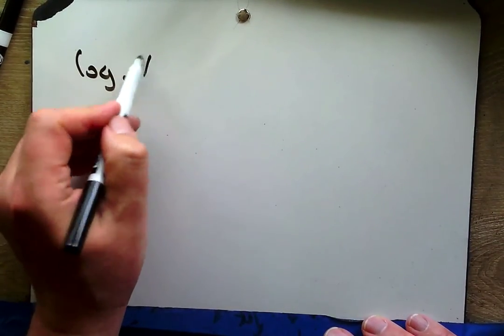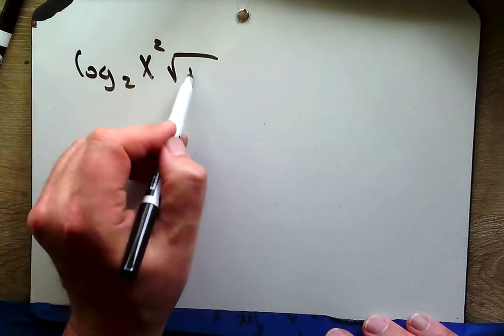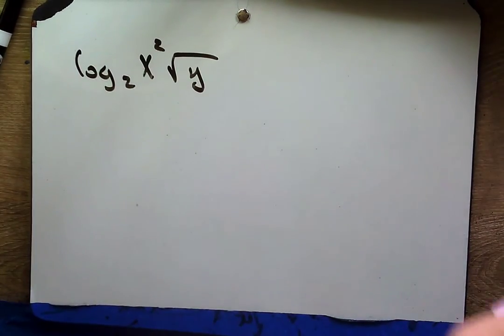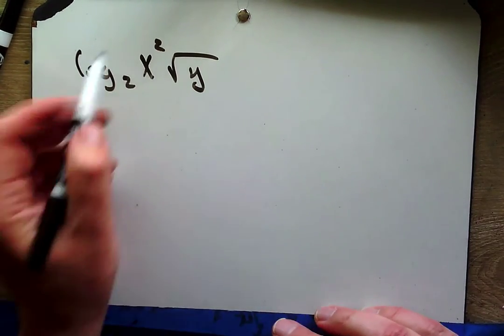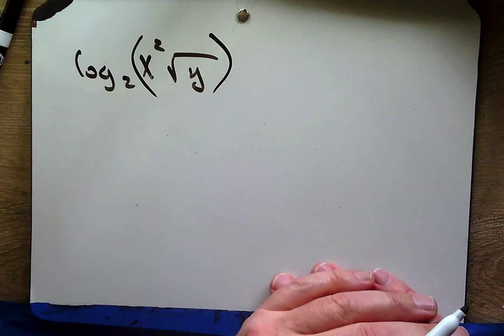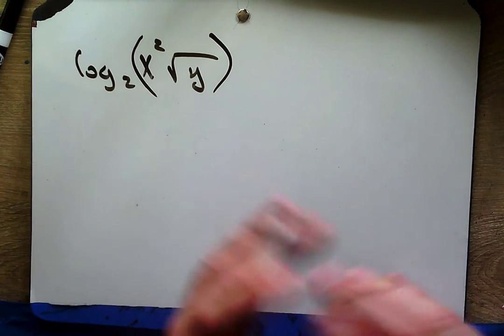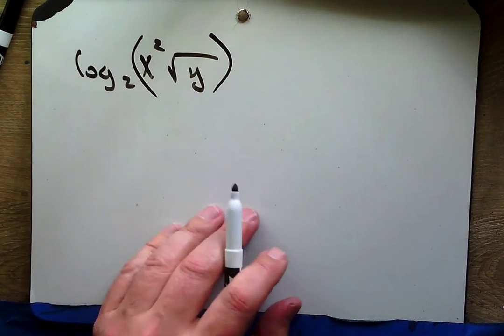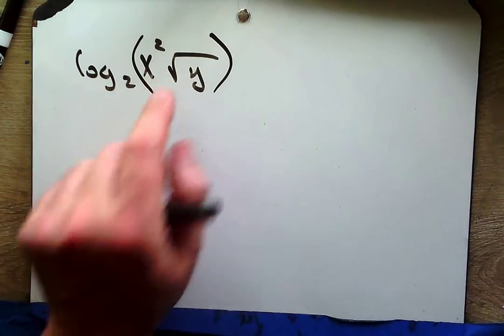Log base 2 of x squared square root y. What'd you do first here? Yeah, I split this into 2.